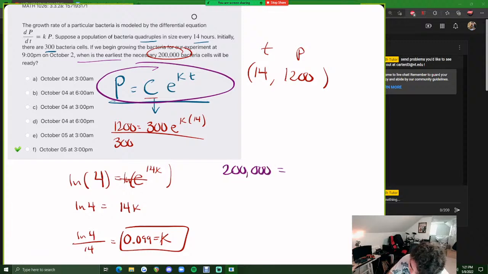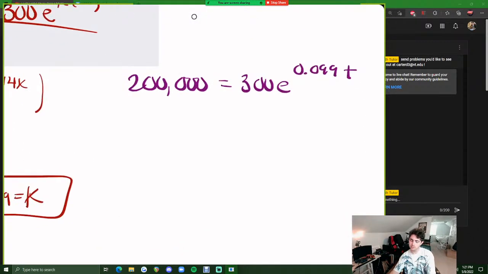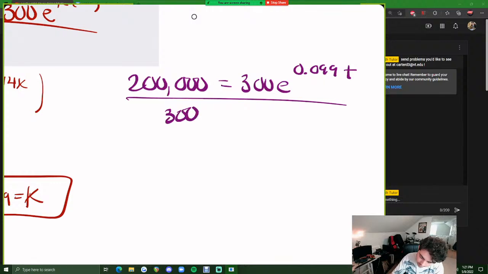So we know that C is still 300. We have e to the K, which is 0.099 that we just found, times T. So this is the second part of the problem. We are solving for T in a very similar method that we just used to solve for K. So again, we start by dividing by 300.